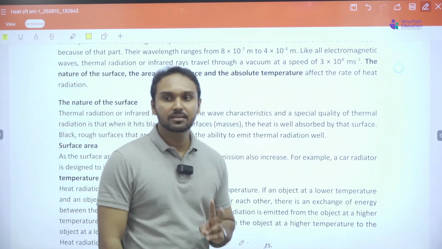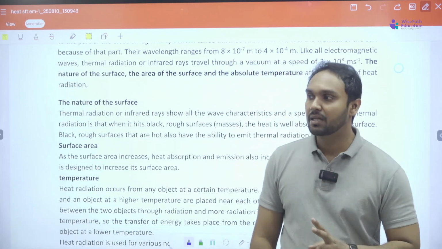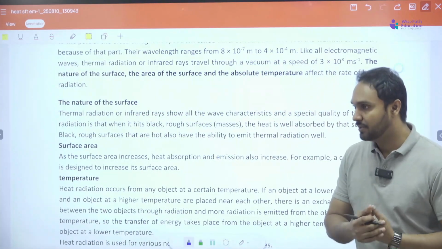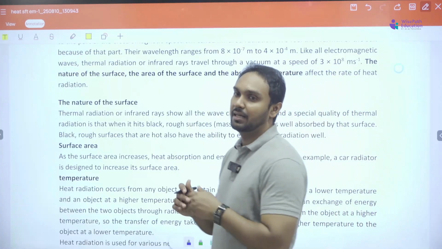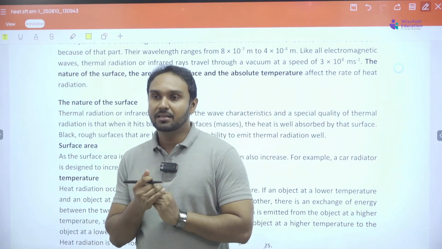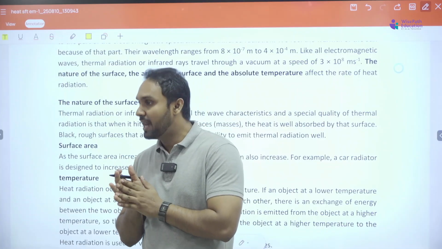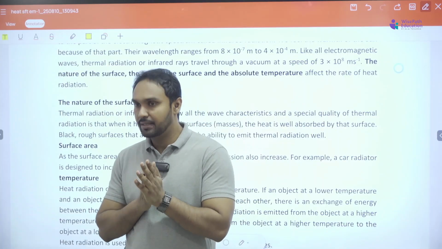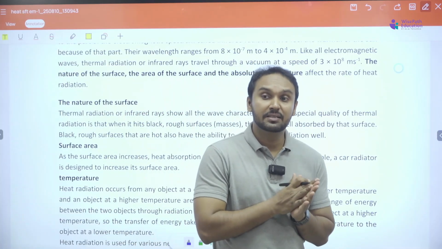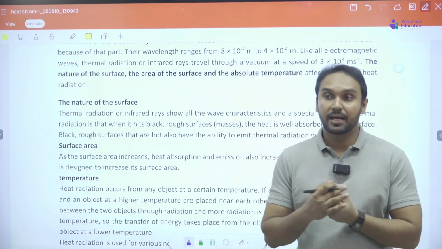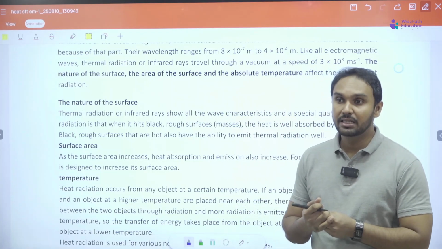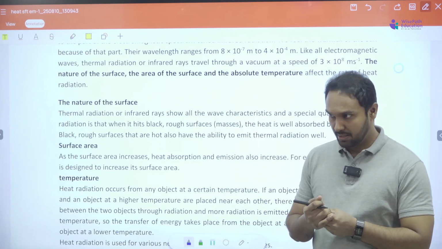There's two things that you should consider when it comes to the nature of the surface, right? If the surface is black, try to understand this: higher the absorbency, higher the emission, right?